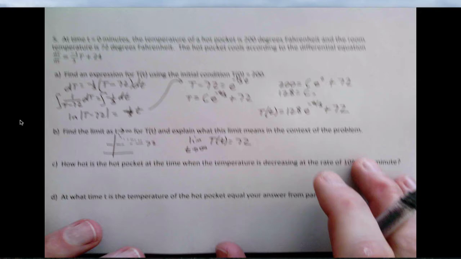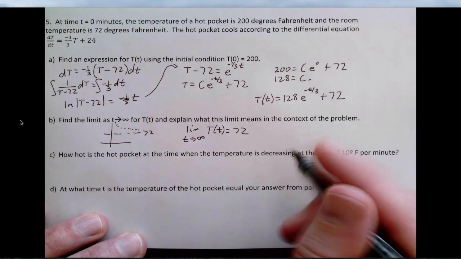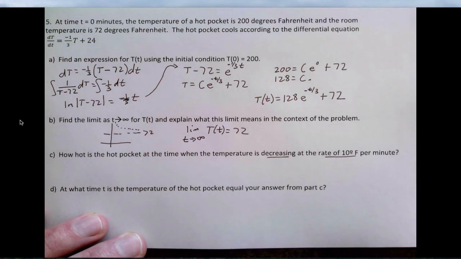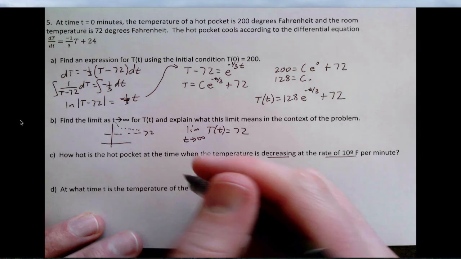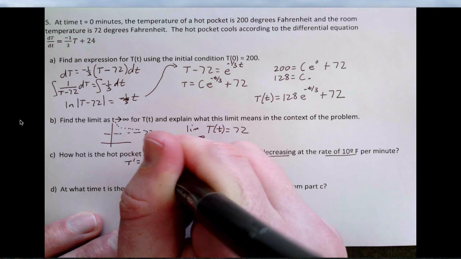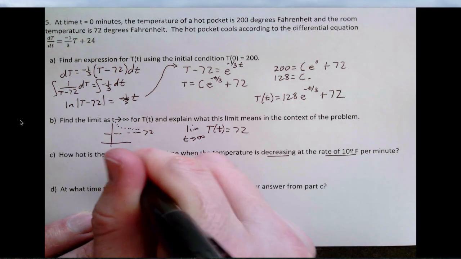All right, how hot is the hot pocket at the time when temperature is decreasing? Okay, so we're looking at when the rate is decreasing at 10. Here's my rate function. I'm really using T prime equals negative 1/3 T plus 24, and I have negative 10 over here.